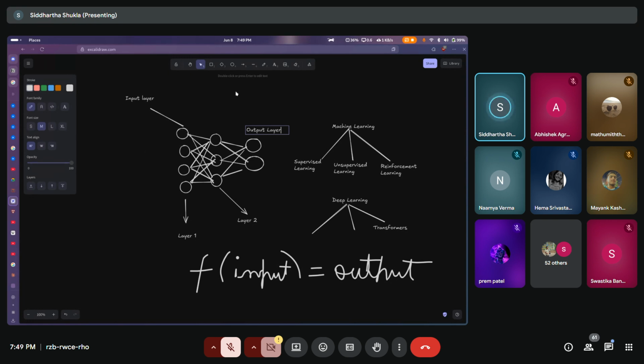For instance, if I have four words: she was a nurse, right? So these are our inputs right now.